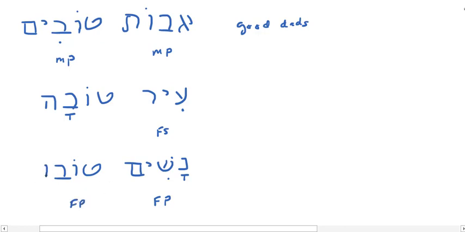Which one is that? Tovot. Okay? So notice that the endings here don't match each other in terms of what we expect. But if we really know that women is feminine, we got to use the feminine form of tov. Okay? So nashim tovot. Nashim tovot. So the adjective is always true. It is a faithful and loyal companion.